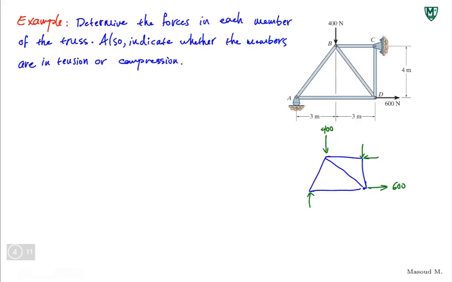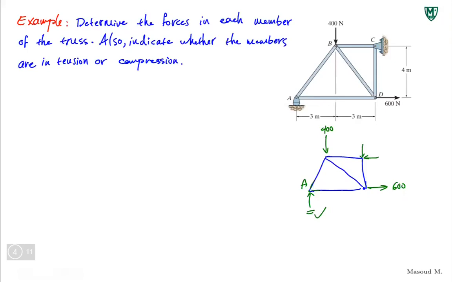Because once we know the support reactions, we start seeing joints that can meet that requirement. If I can find this support reaction here, then joint A is going to meet the requirement.